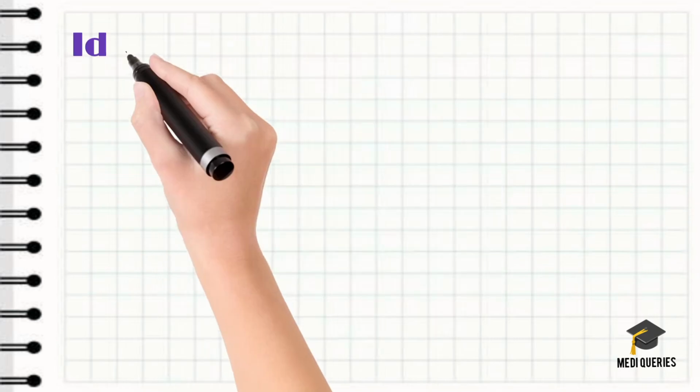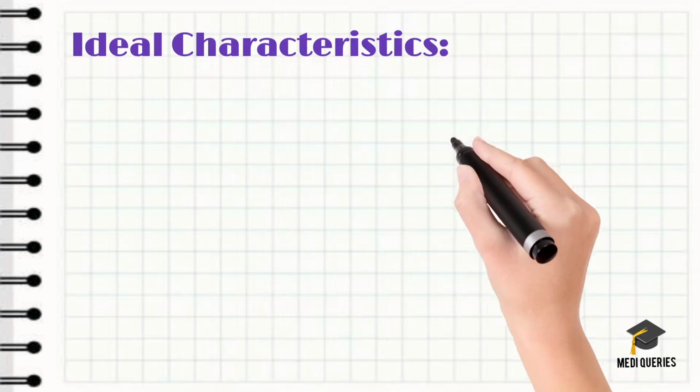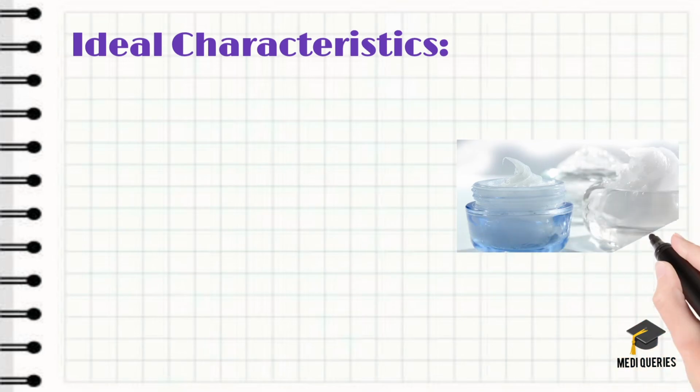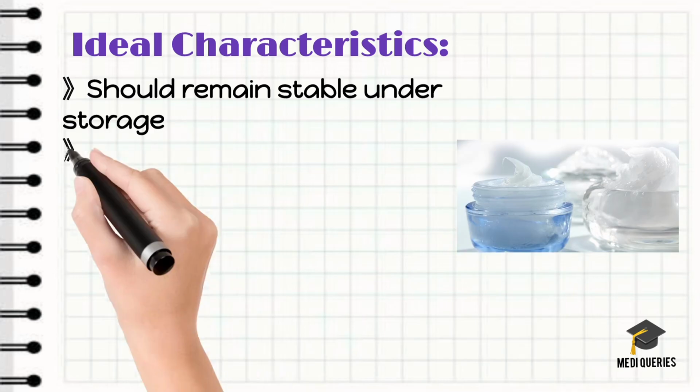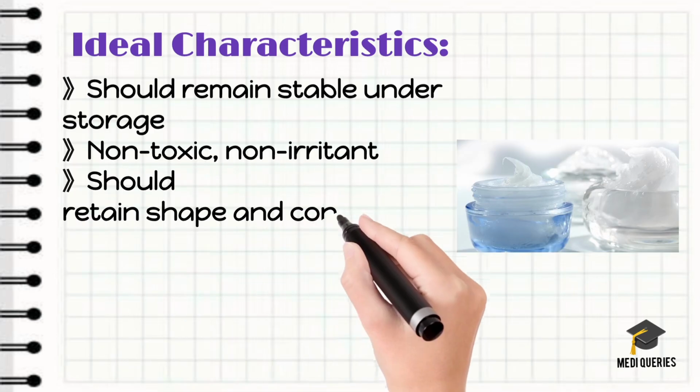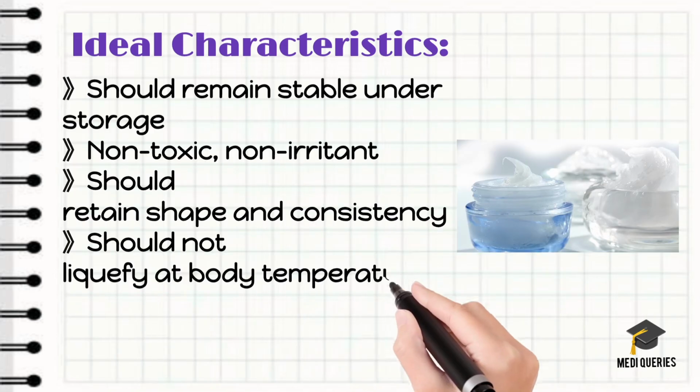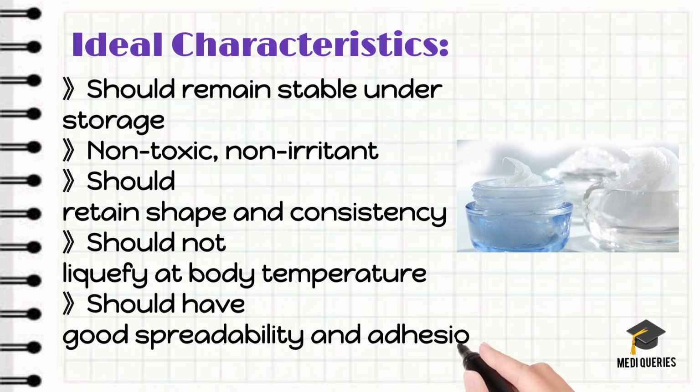So let us see the ideal properties of jellies. For a jelly to be pharmaceutically acceptable, it must possess certain ideal properties that ensure patient comfort, drug stability and therapeutic efficiency. First and foremost, it should have a smooth, lump-free texture to ensure uniform application and aesthetic appeal.